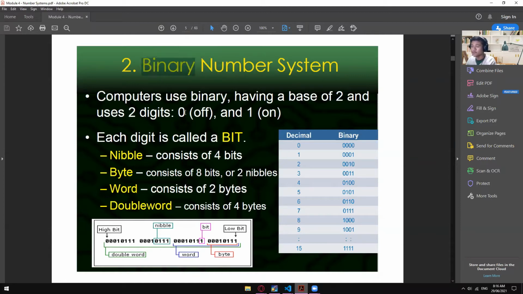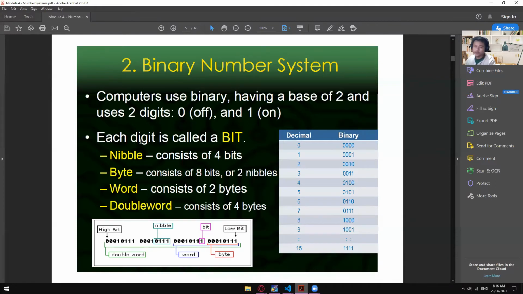Okay, so basically if it's 0, then it's just off, and if it's 1, then it's on or turn on, or in other words, we call this one inactive, okay, or not active, and then 1 is active or it's activated. Okay, so yeah, that's basically the meaning of 0 and 1 in our binary.